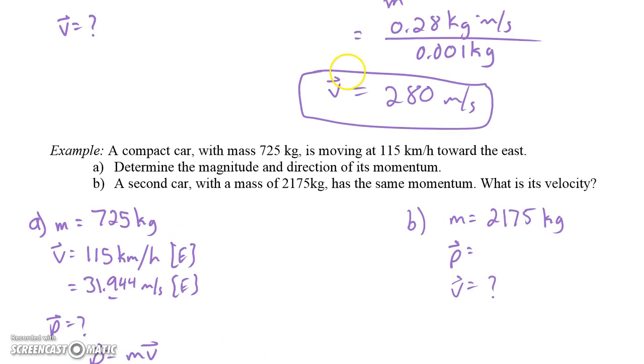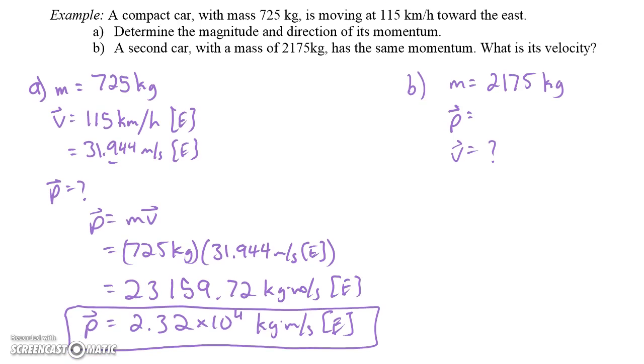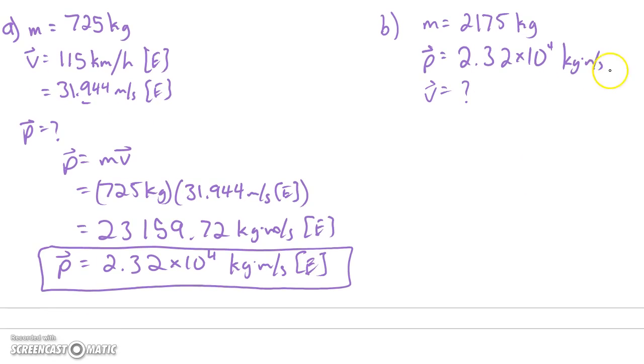Part B asks us if a second car with a significantly higher mass of 2,175 kilograms has the same momentum, what is its velocity? So we use the same momentum. Now I'm just going to write out the sig fig answer because it's much easier to write out, but your calculation should use the unrounded answer out of your calculator.